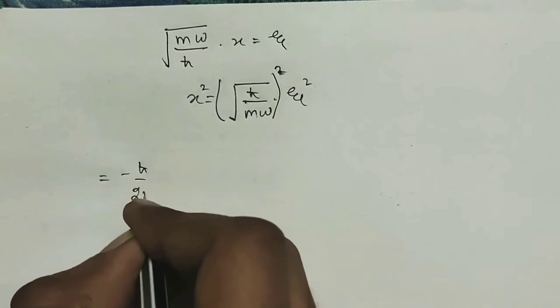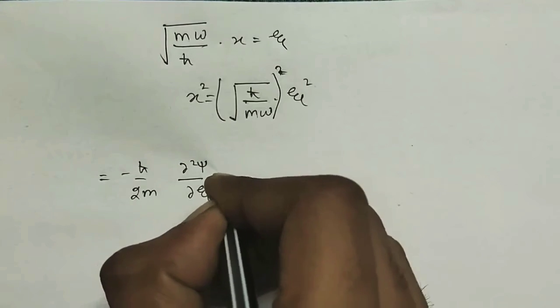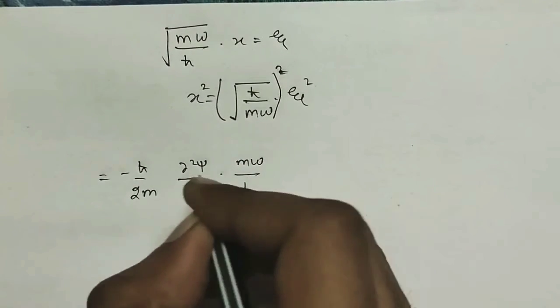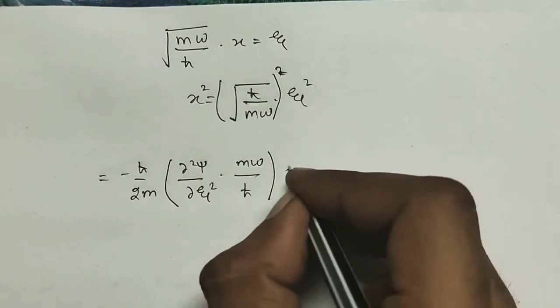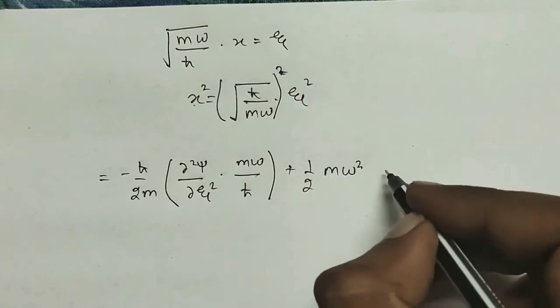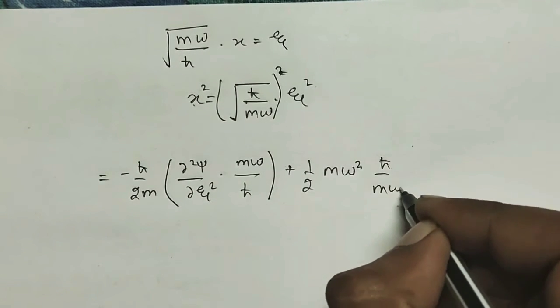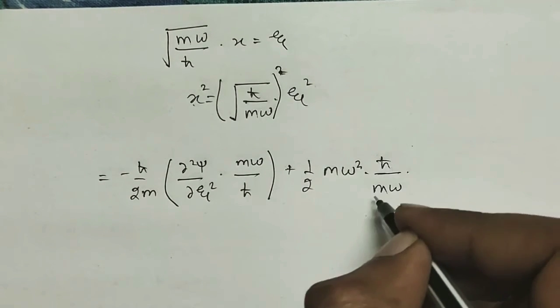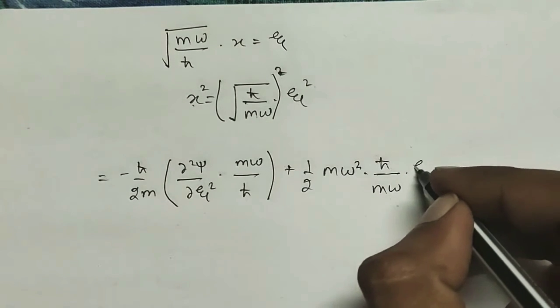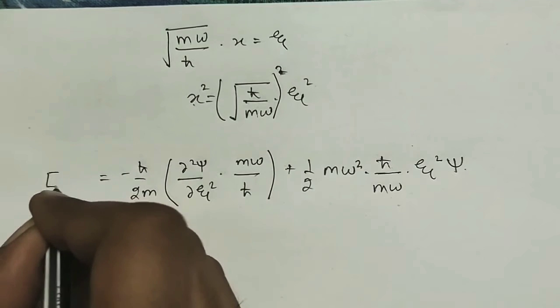−ħ/2m times ∂²ψ/∂j² times mω/ħ, plus ½ mω²x². So the square root and square will cancel out. There is ħω/mω times j², and that ψ equals Eψ.